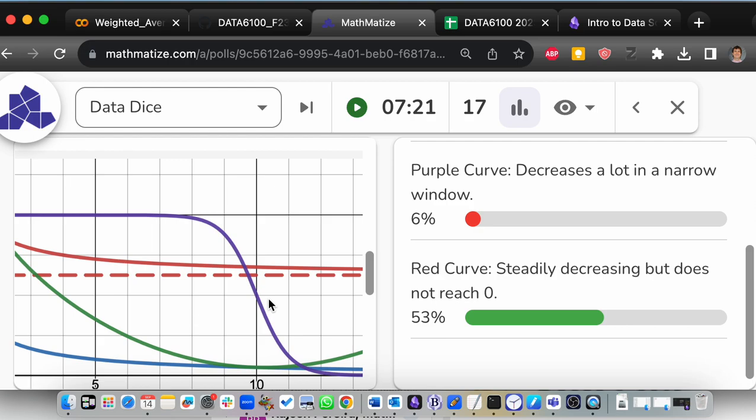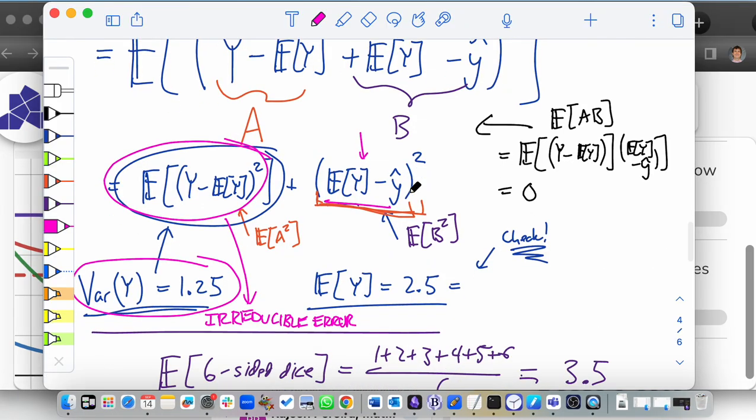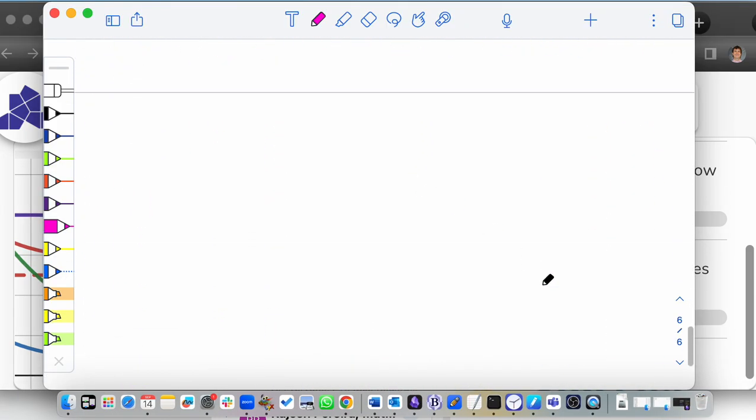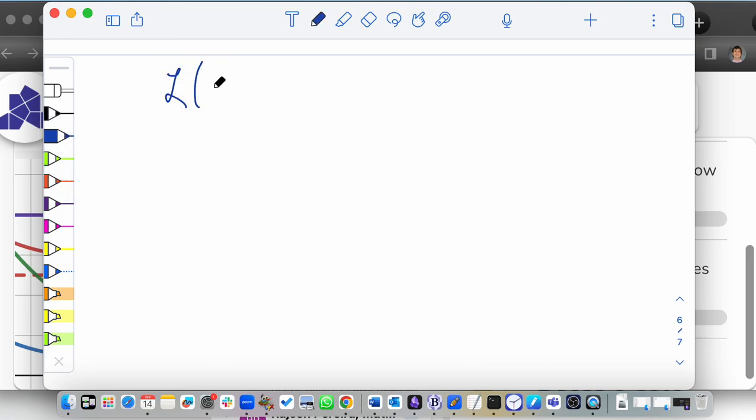Okay, let's look at this calculation. Let's start a new page here. Again, this is all typed up now on the website, in the article called How Variance Contributes to the Loss. So the loss function we have, for some given y hat, is equal to y minus y hat squared.